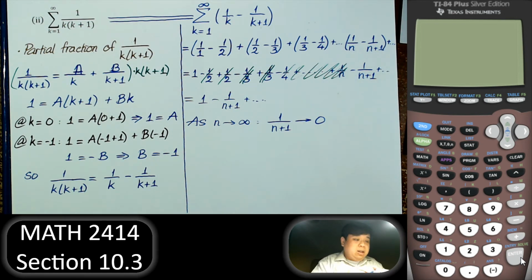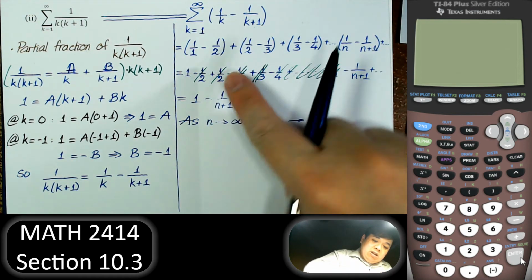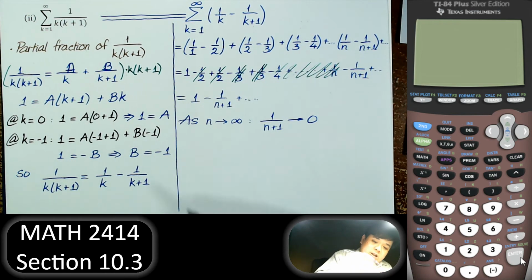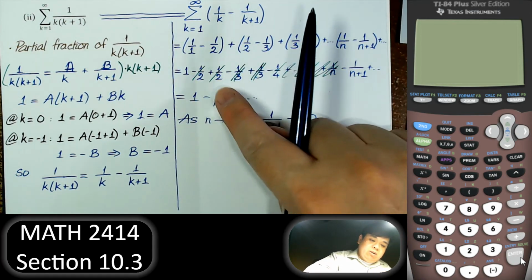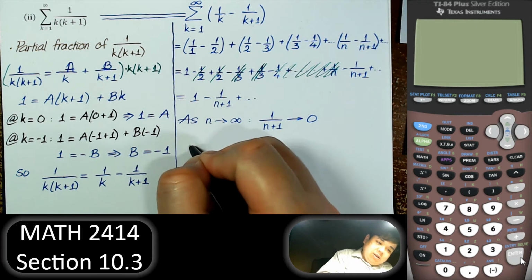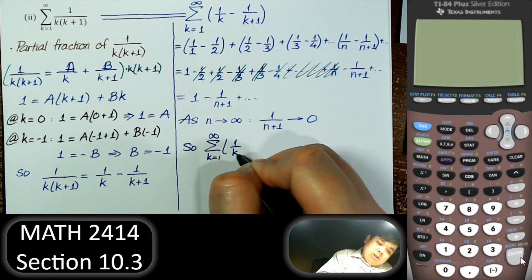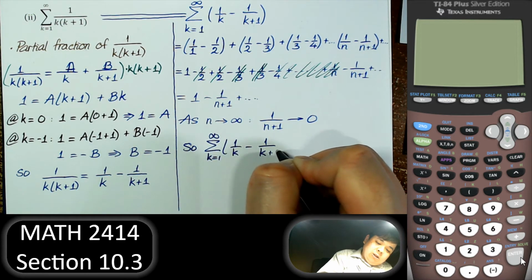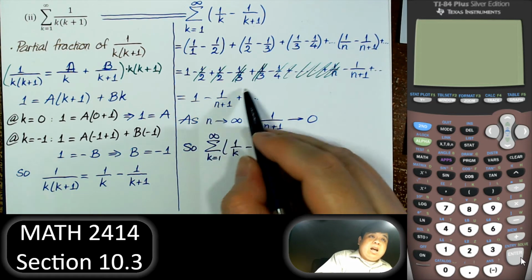Of course, we saw plenty of that already. Right. So if that one goes to 0, we just have 1, right? So that goes to 0, so that it's just 1. So the summation equal to 1, because that one goes to 0.